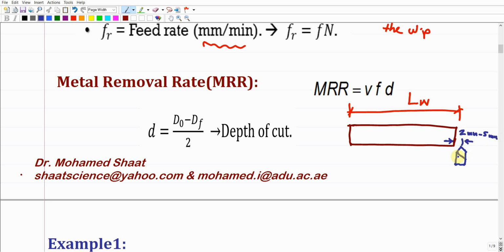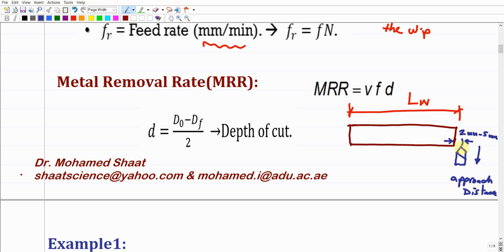This distance is known as the approach distance. It would be given. If it is given, you're gonna add it to the total length. If it is not given, you're gonna consider it is 0, right?